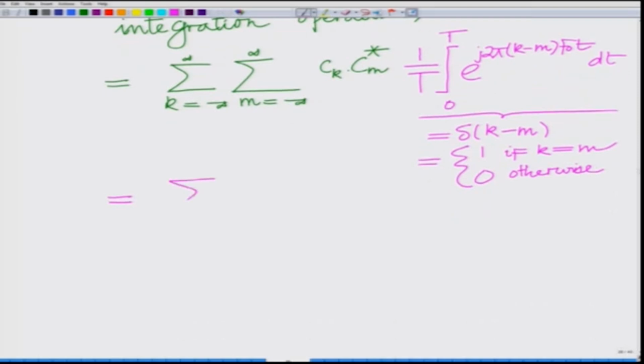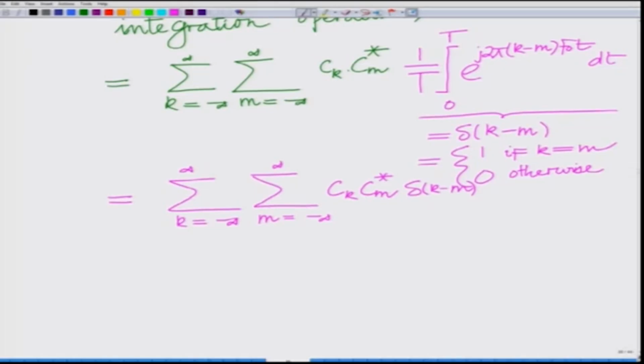So, this is summation k equals minus infinity to infinity, summation m equals minus infinity to infinity, Ck Cm conjugate into delta k minus m. In this double summation, because delta k minus m equals 0 if k is not equal to m, the only terms that survive are those corresponding to k equal to m.